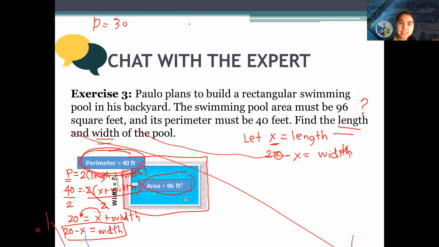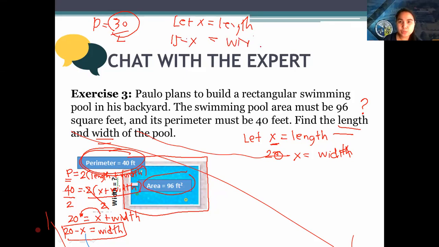I'll just say, let x be the length. What is the width? You divide the perimeter by 2. 15, right? 15 minus the length. 15 minus x.